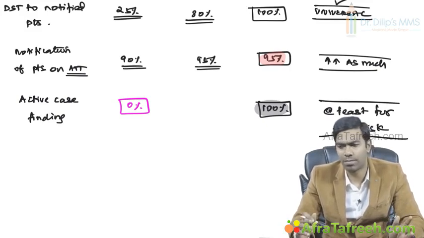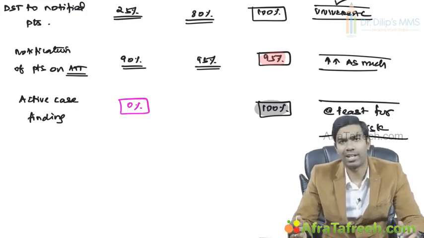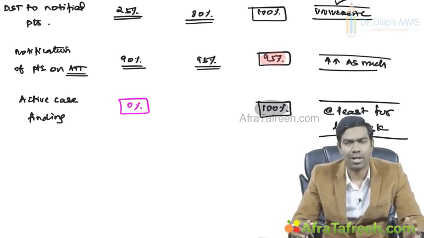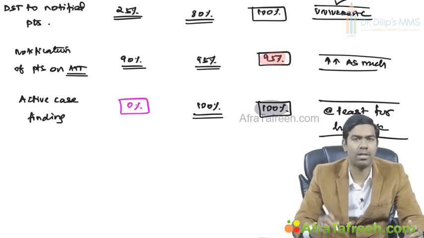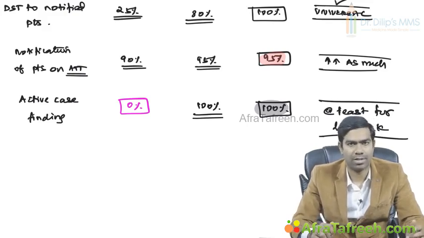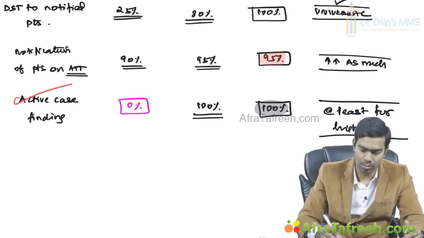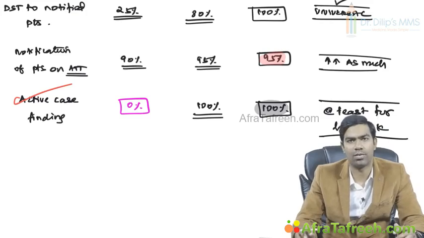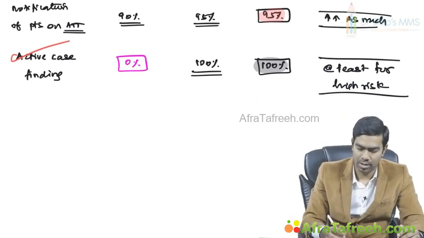From passive case finding, now you are trying to completely change to active case finding. You have to know that definitely. By 2020 itself, we are planning to achieve 100% active case finding rates, at least for the high-risk population. So this is going to be the most important of all the indicators I have told you. This is the huge paradigm shift that has been happening in the guidelines.